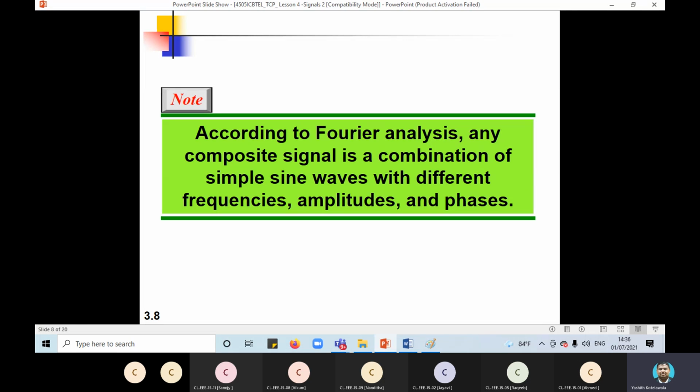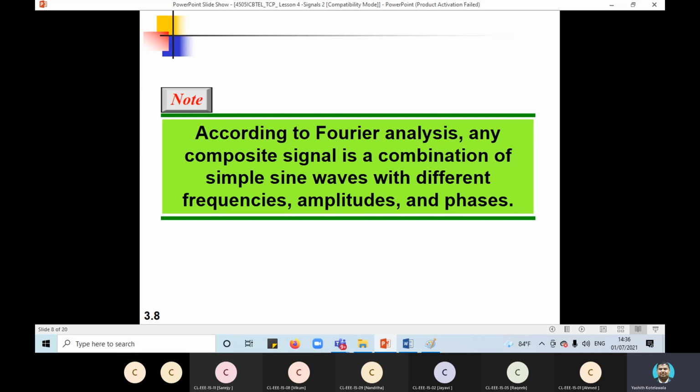Next, I will show you what the Fourier series looks like. Then I'll explain what the wave parameters are from their mathematical point of view. In the first lecture, signals part one, I was just conceptually showing you the wave parameters. Today I'm going to show you the mathematical aspect of the same content.